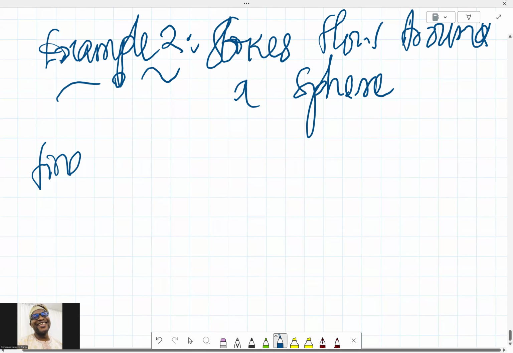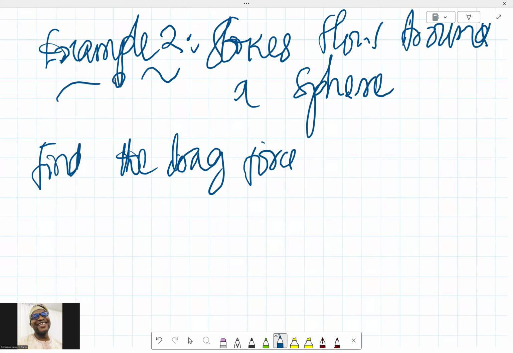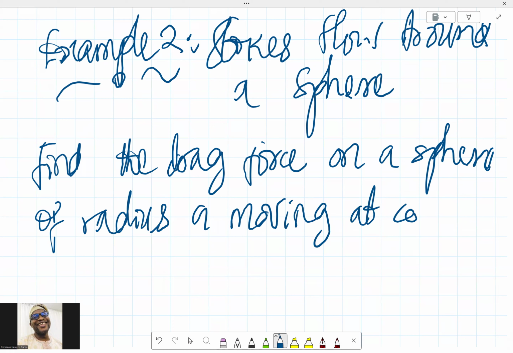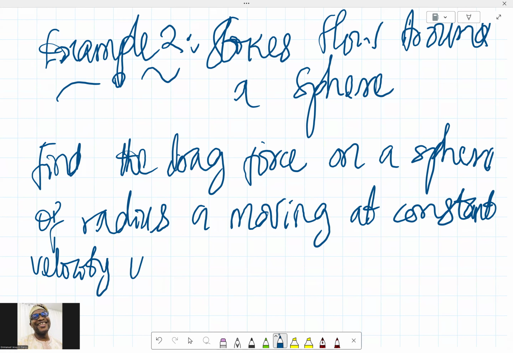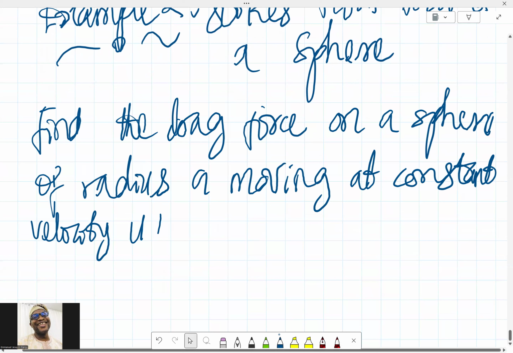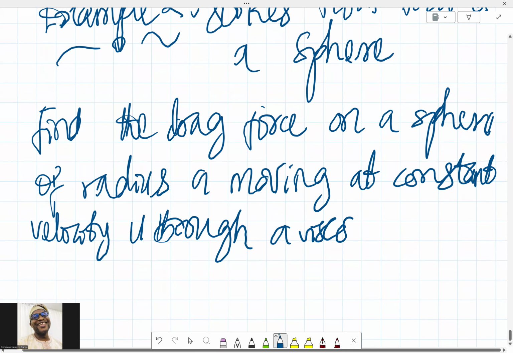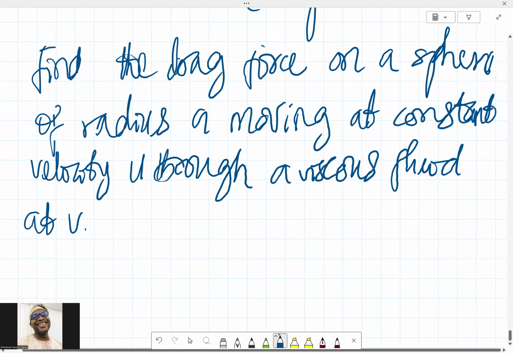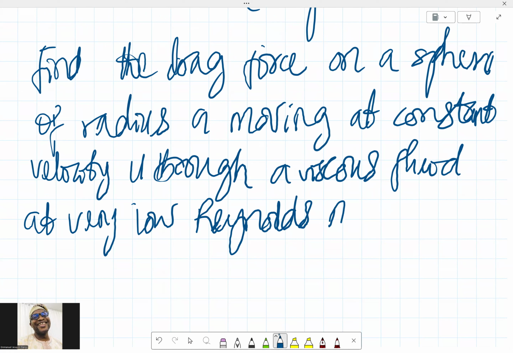So the problem is to find the drag force on a sphere of radius A moving at constant velocity u through a viscous fluid at very low Reynolds number.